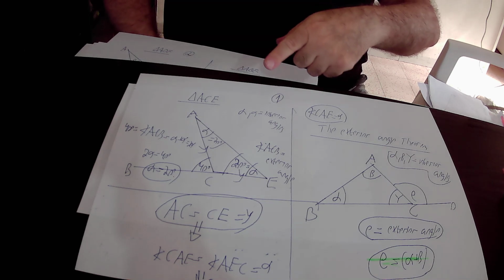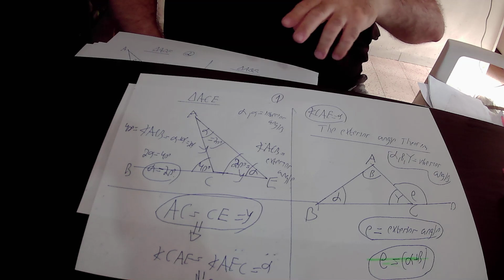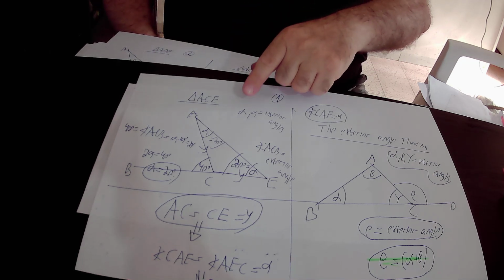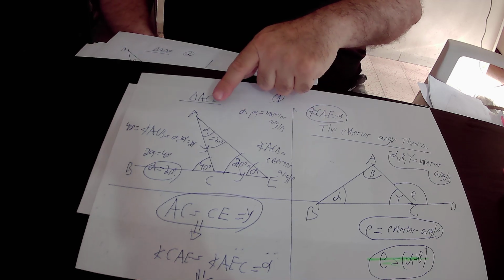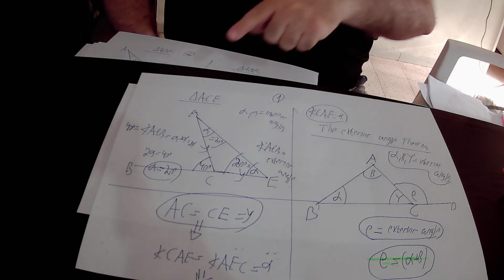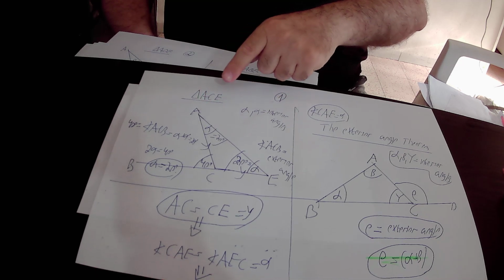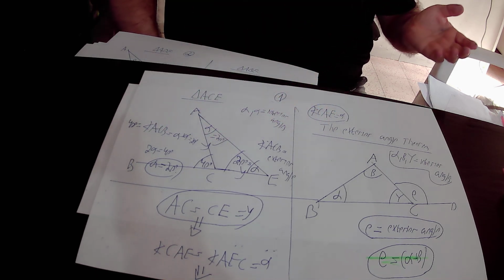We implemented this rule, the exterior angle theorem, in triangle ACE. According to the exterior angle theorem, the exterior angle ACB equals alpha plus alpha, that is 2 alpha.